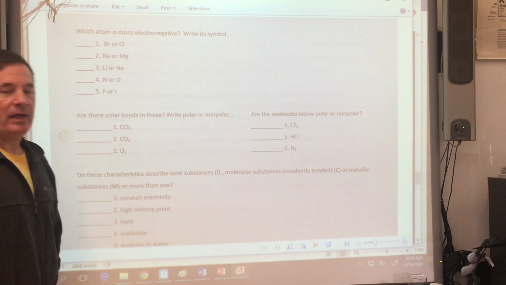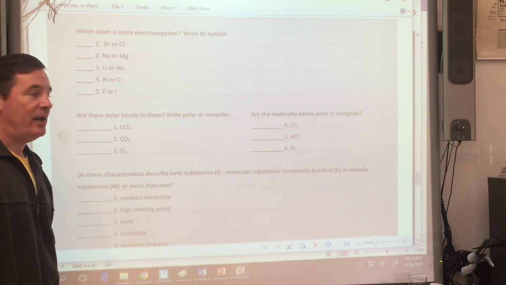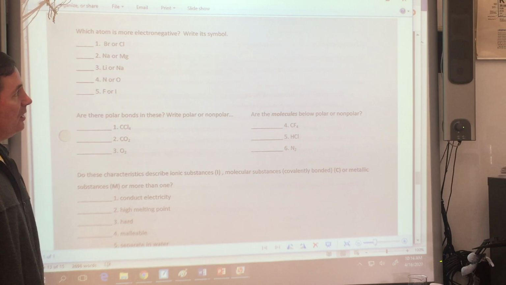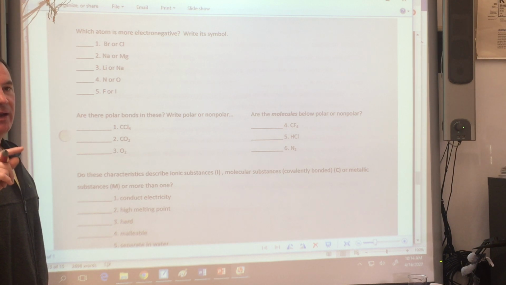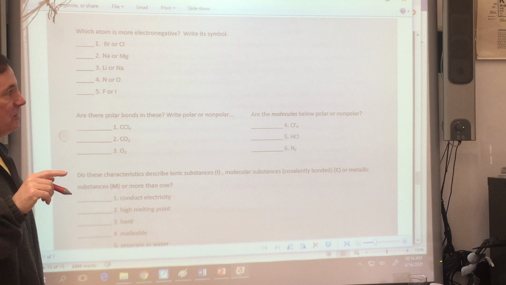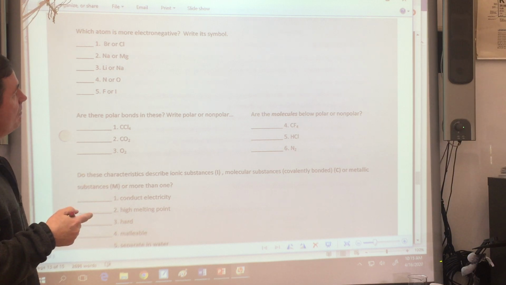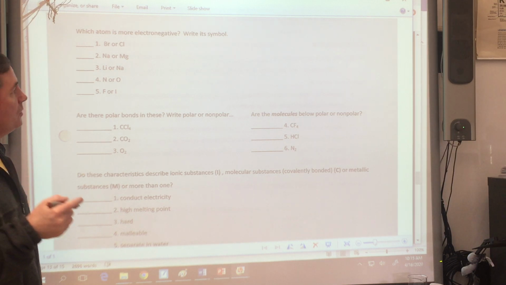Now, you had a worksheet from probably 3 weeks ago that had a chart on the back of the sheet that showed the individual electronegativities. You could pull that up if you would like, or I can post another. I'll try to find that and post it.